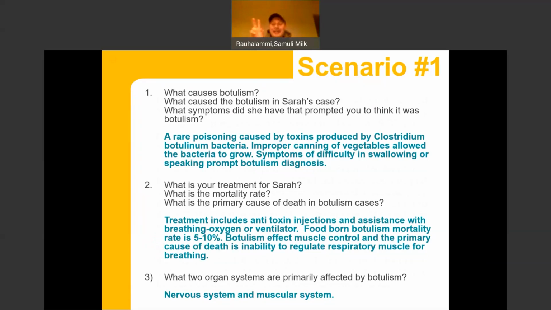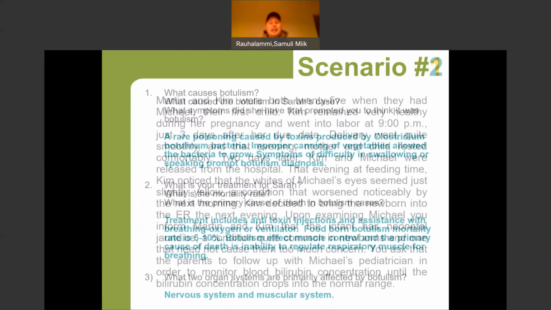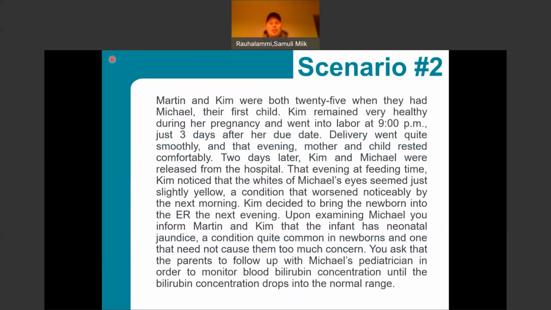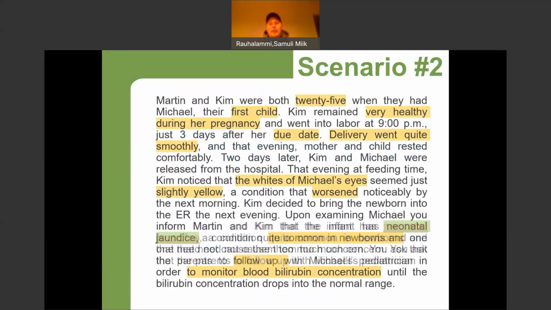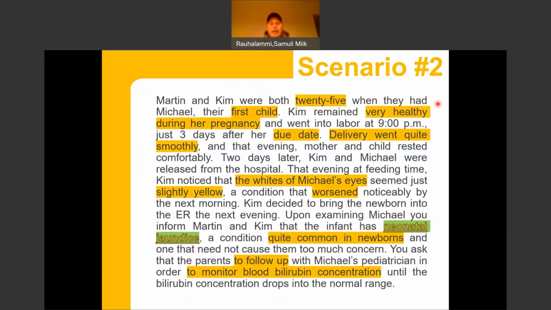What I want to do is look at the second scenario, which is a little different situation, a different clinical condition that we'll see. In this case, we're looking at a 25-year-old couple who get their first child. The mother is very healthy during the pregnancy, and the baby is born.